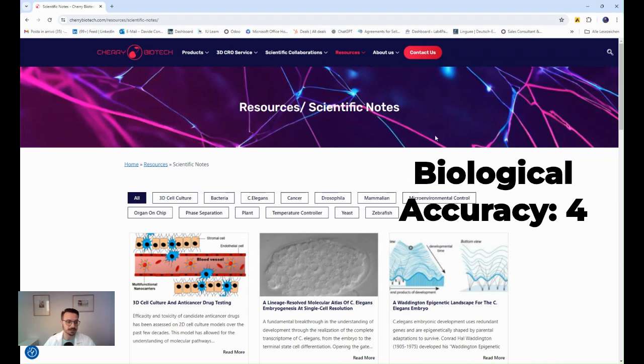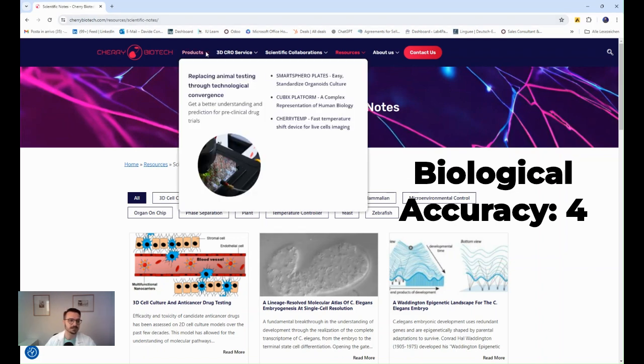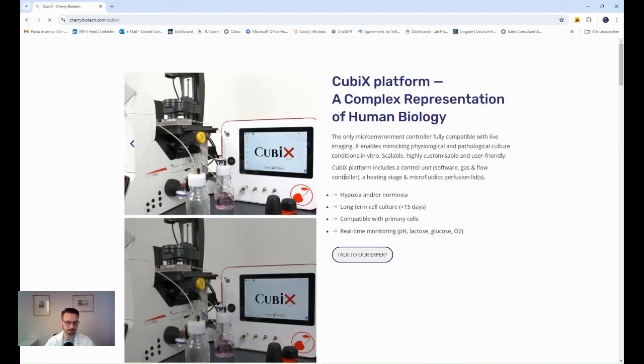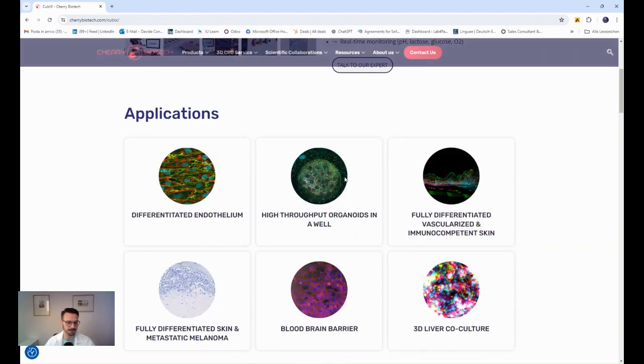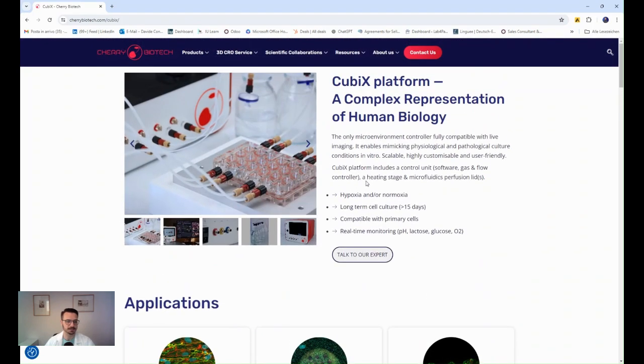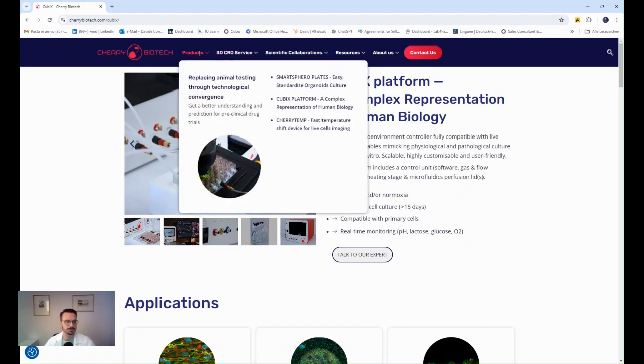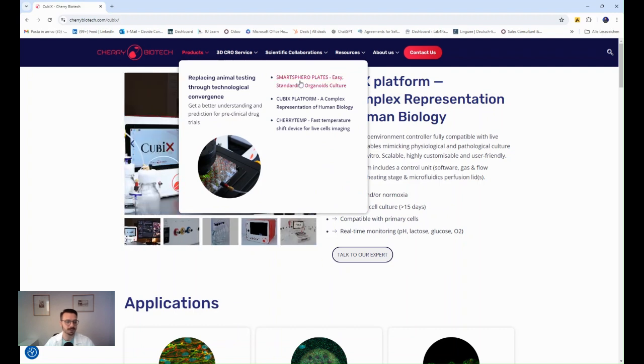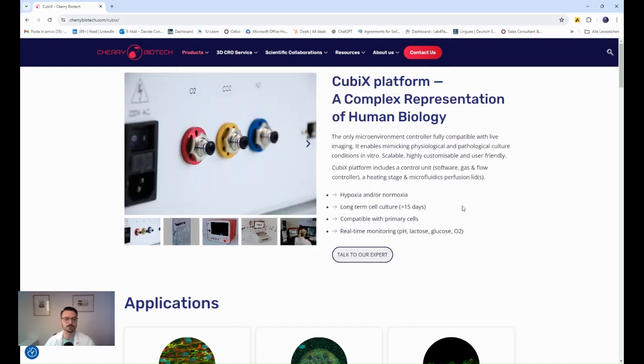In terms of scalability and throughput, this is one of the points where they are not really at the same level as other companies. Let's put it like this. Obviously, with these kinds of applications, they have a higher throughput compared to Kickstarter, for example, in terms of the smart spheral plates, where you have different wells with different organoids.